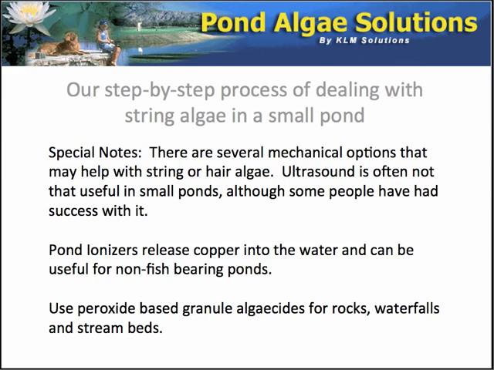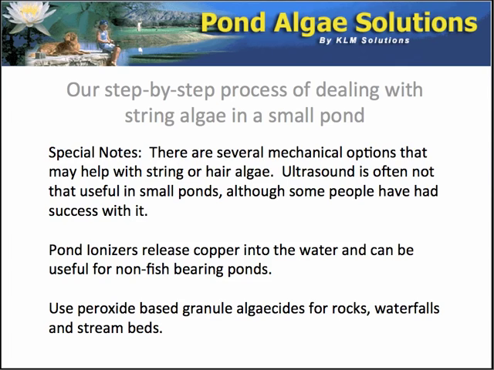Pond ionizers are another new tool that have been instituted in the last couple years. These release copper ions into the water using a small electrical charge between two anodes. Copper is something that I think generally should not be used in ponds with fish.